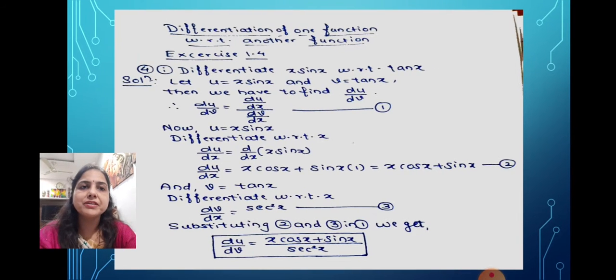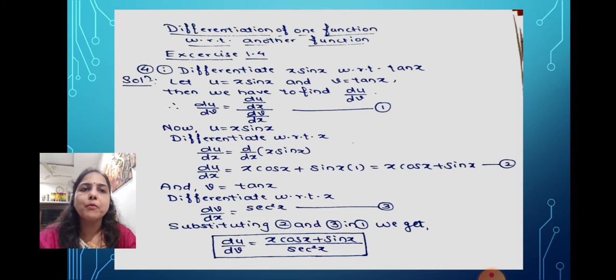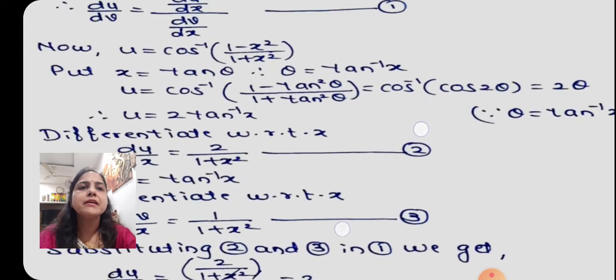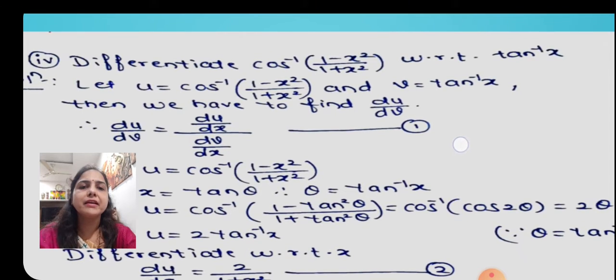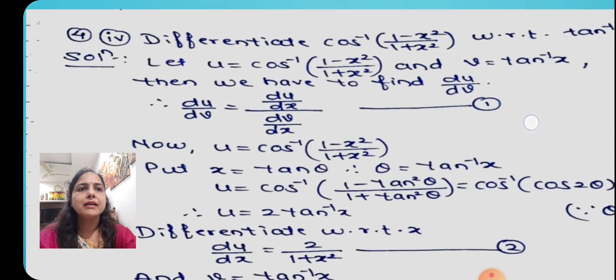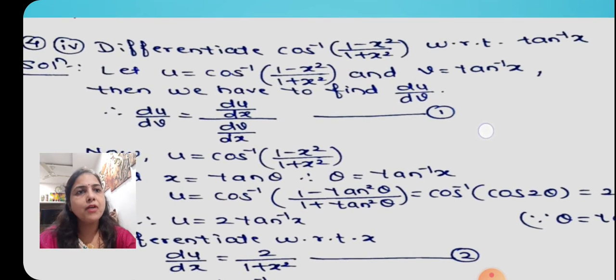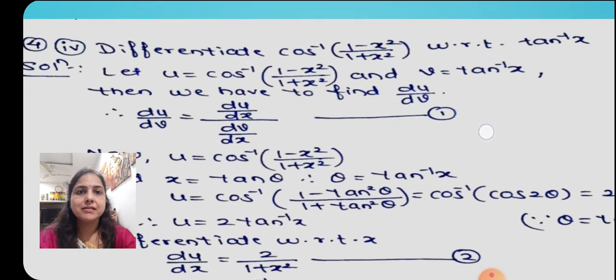Understood how to differentiate x sin x with respect to tan x, that we have seen just now. We take one more problem of differentiation. Here I have taken an inverse function. Differentiate cos inverse of 1 minus x square upon 1 plus x square with respect to tan inverse x.